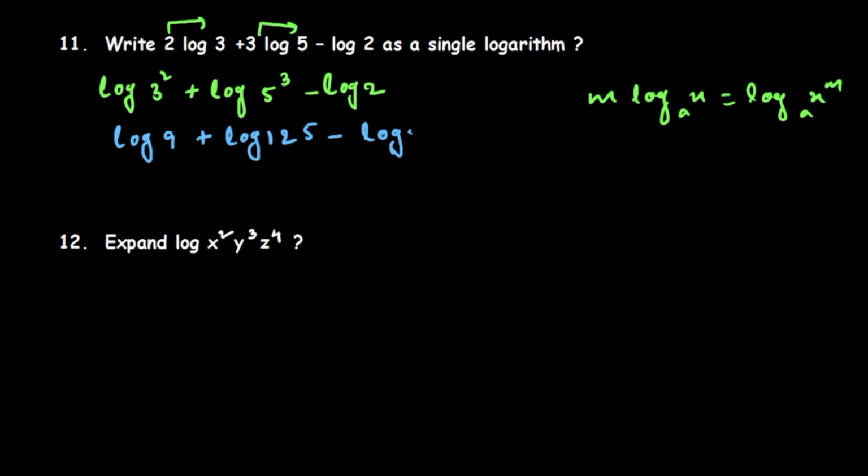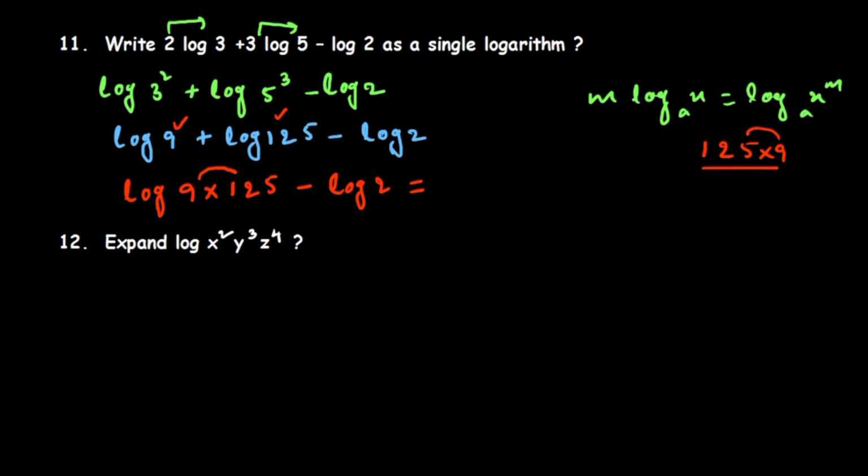Okay, so here we write now log, this is in the form of log x plus log y, right? So that means we write log x into y, that is 9 into 125, minus log 2, right? So by multiplying these two, 125 into 9, we have 9 5s are 45, 9 2s are 18 plus 4 is 22, 9 1s are 9 plus 2 is 11.